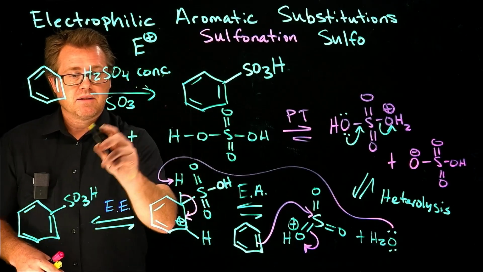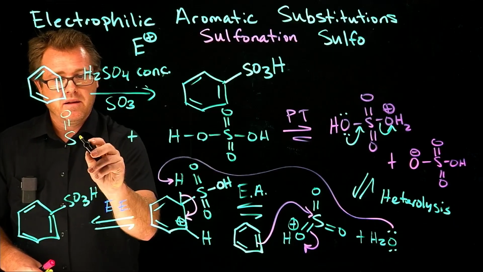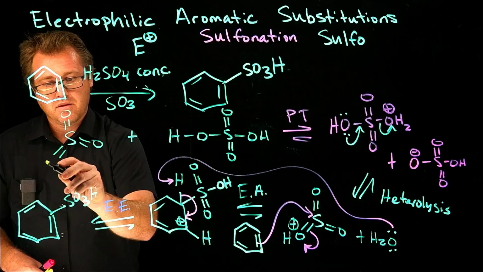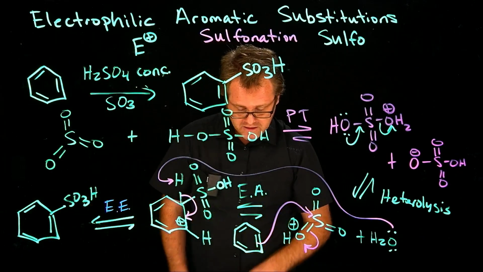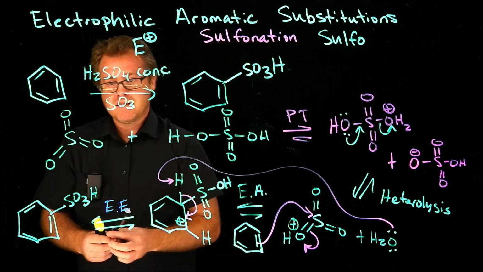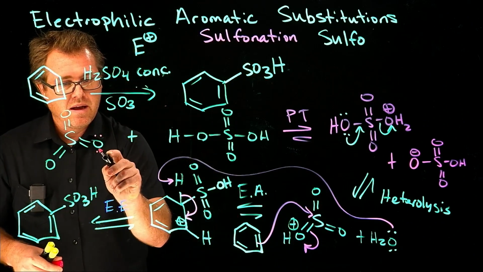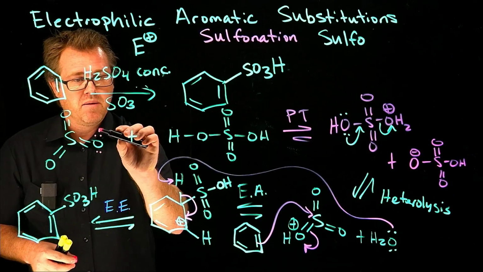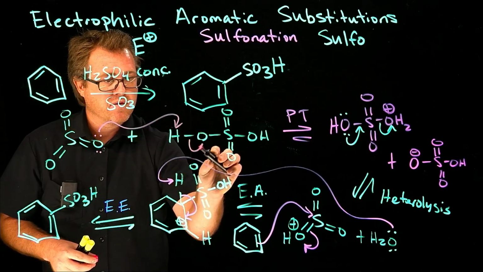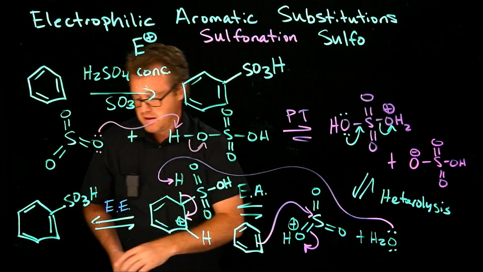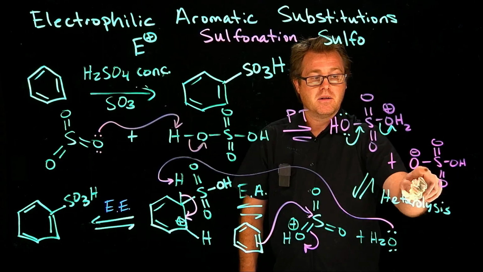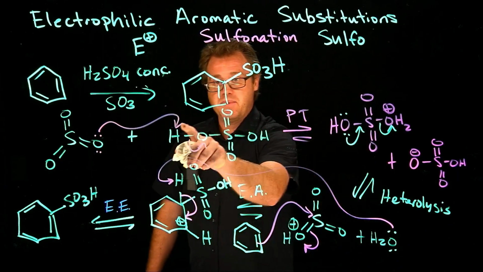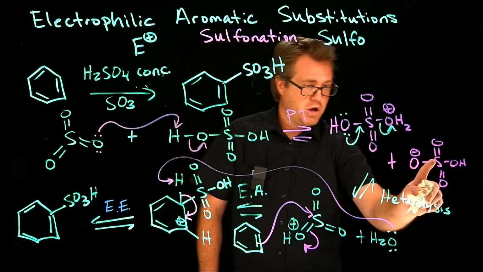So let's see what we could do here. Plus our sulfur trioxide. What's going to happen mechanistically, we have 2 lone pairs there. We can come and grab the proton from sulfuric acid. That would generate our conjugate base, so this species right here would go there.